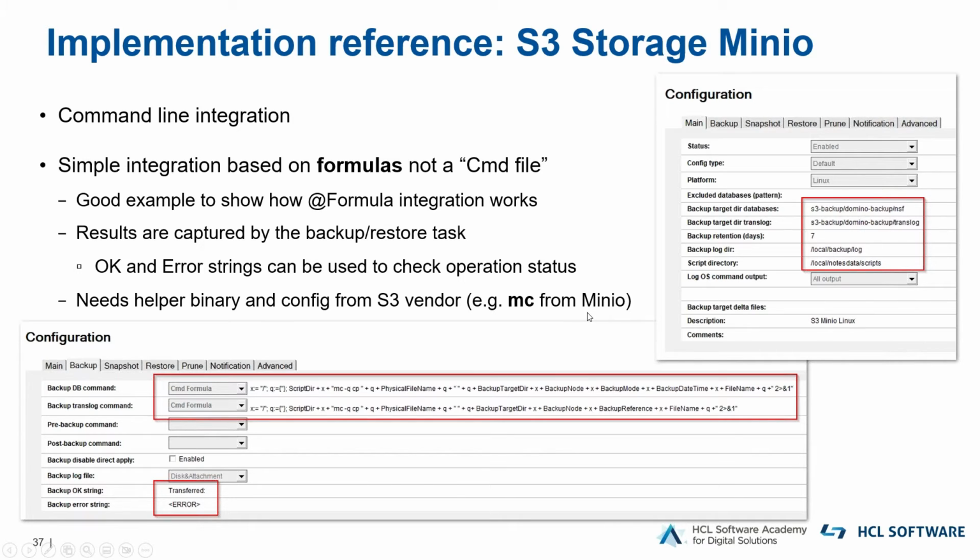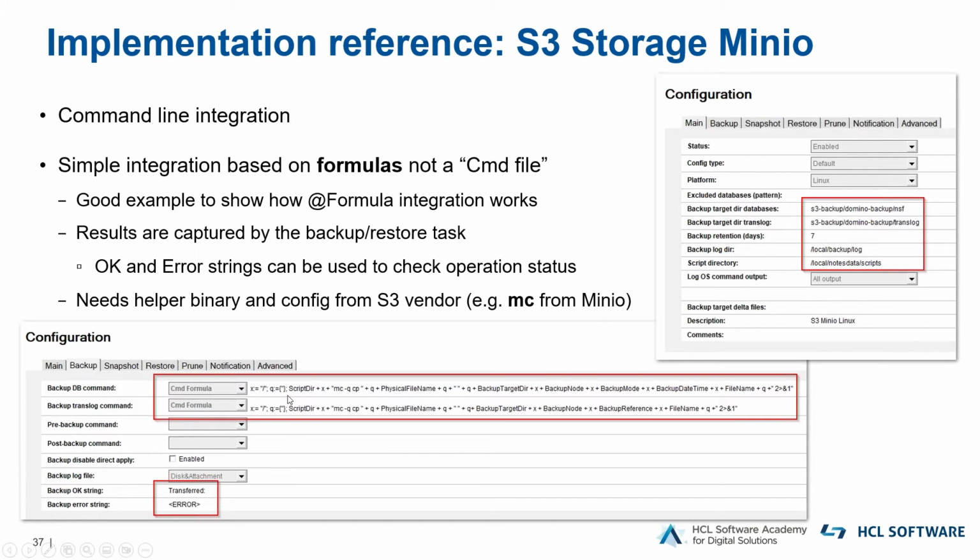MinIO is a server and also a client. Here we're using the MinIO command line, called MC, but it could be a very similar integration with the AWS command line S3 integration, where we also have an example in the Git repository.